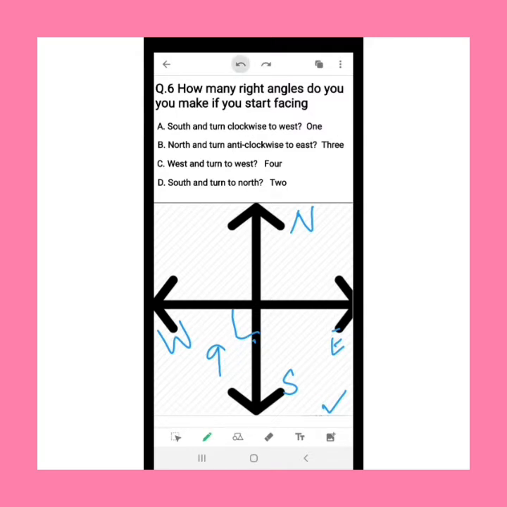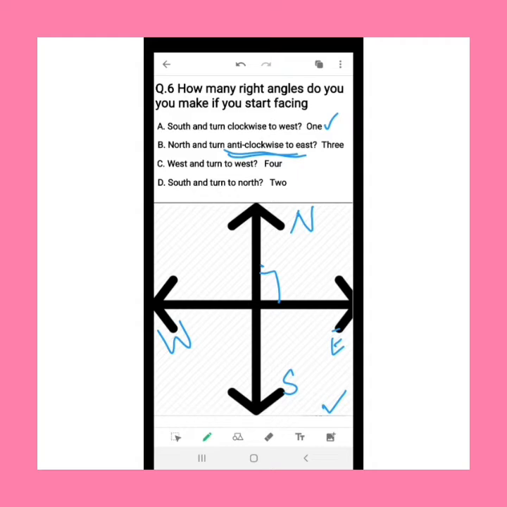Next part is north and turn anti-clockwise to east. Start from north and you have to reach up to east. A very important thing you have to see over here is, if I have done like this, it will be only one right angle, but it is mentioned here anti-clockwise.